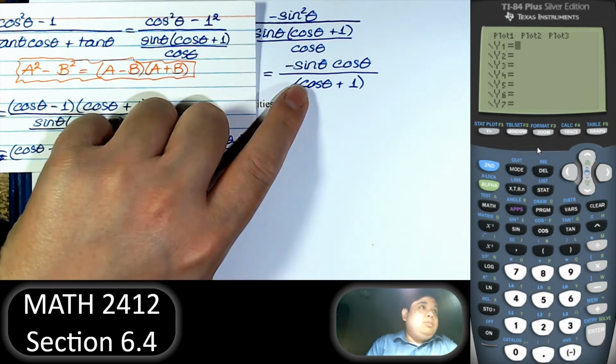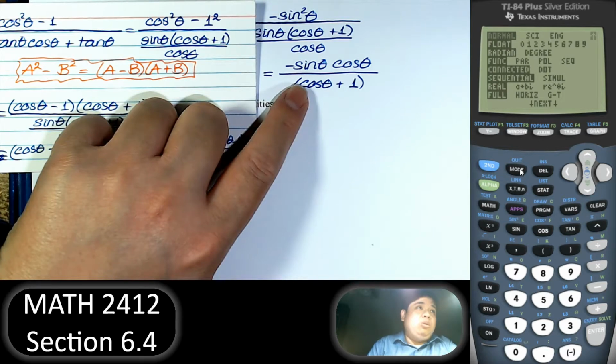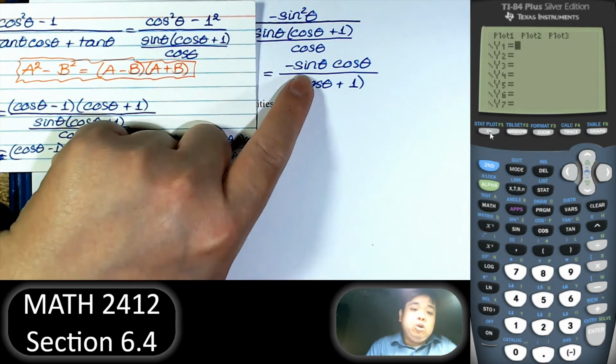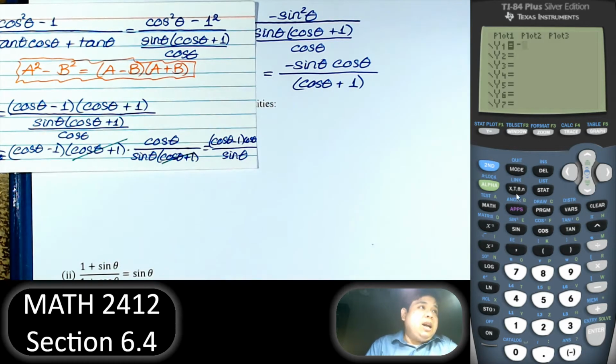First, make sure that it is in radian mode when we do this. I put in two functions: negative sine x cosine x, divided by cosine x plus 1.